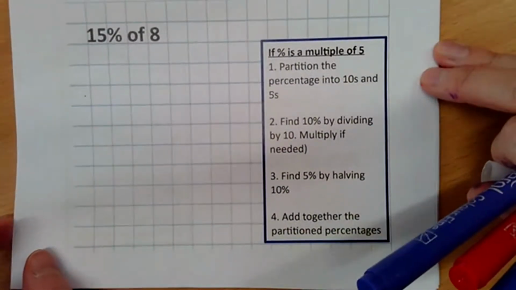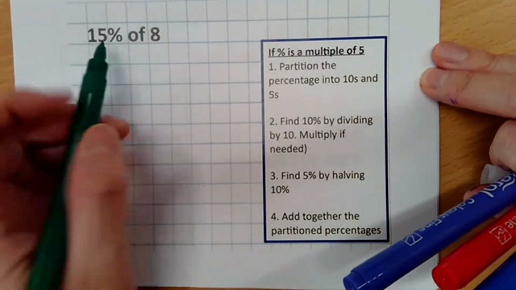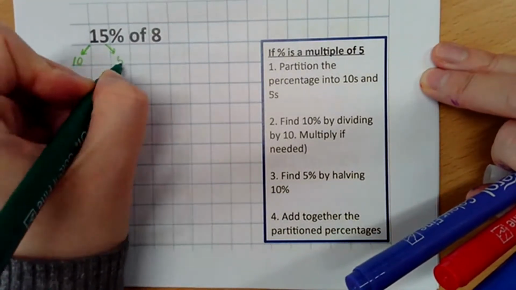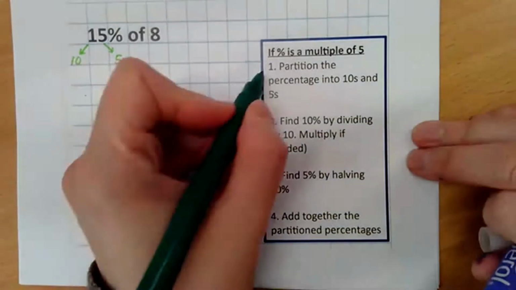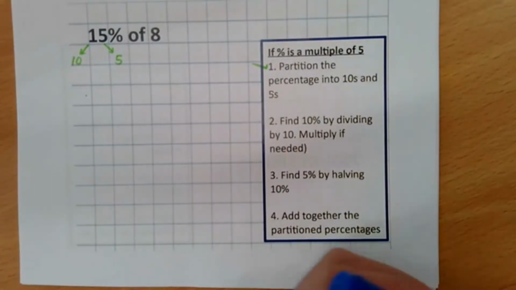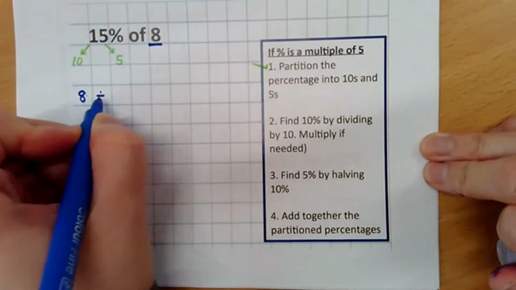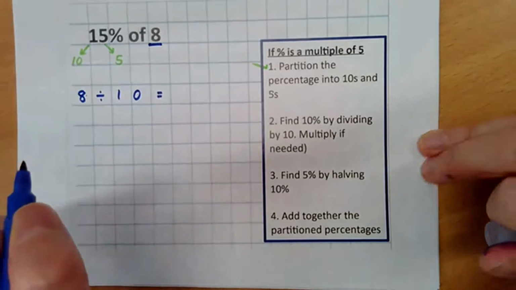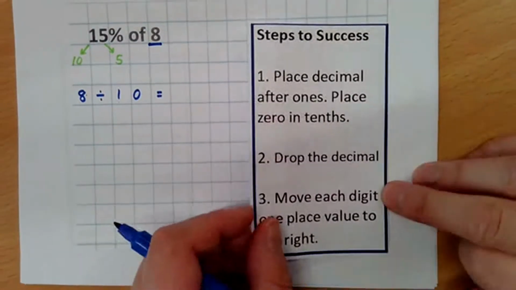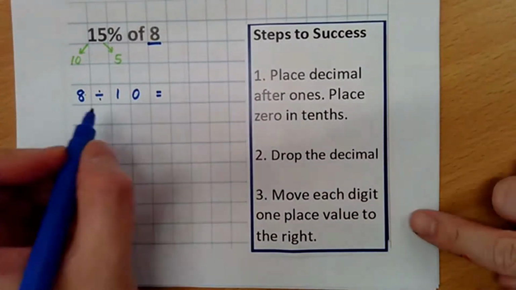Let's take a look at this one. First, I'm going to partition my percentage. So I know that 15 equals 10 and 5%. Great. Now I'm going to find 10% by dividing my number by 10. So 8 divided by 10 equals. Now again, if you need to, but I think you should remember how to divide by 10.